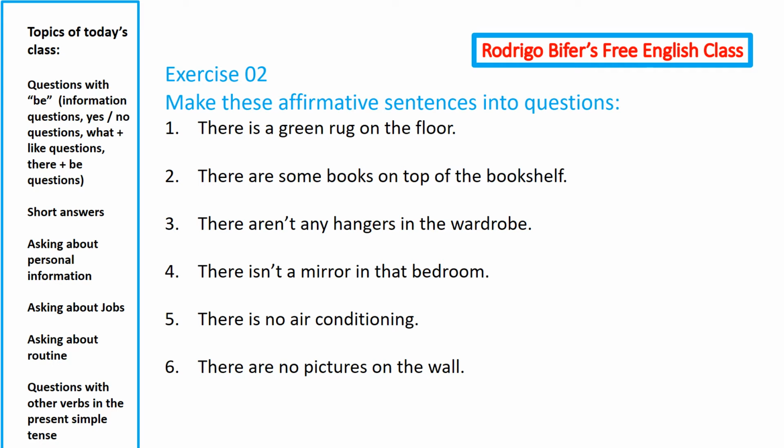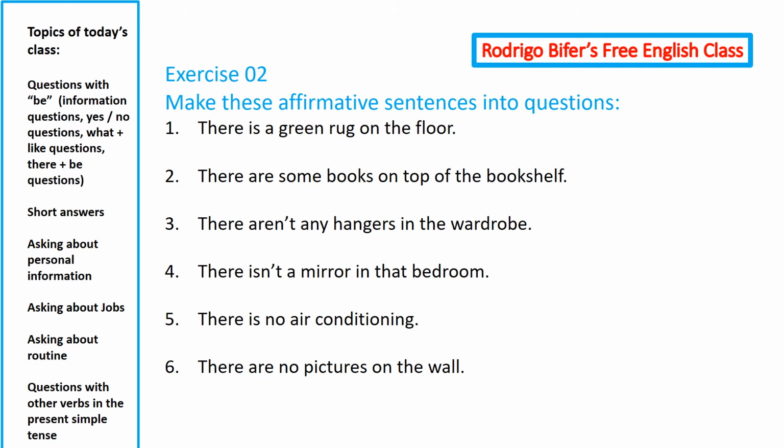Okay, so in that bedroom, when we were describing the bedroom, we look at the floor and we see the green rug. So we say there is a green rug on the floor. This is an affirmative. But how can I make this sentence into a question?